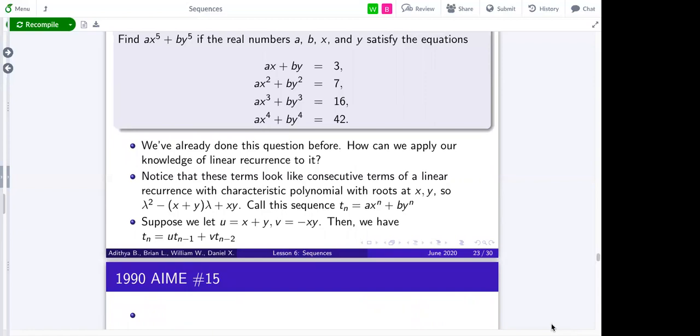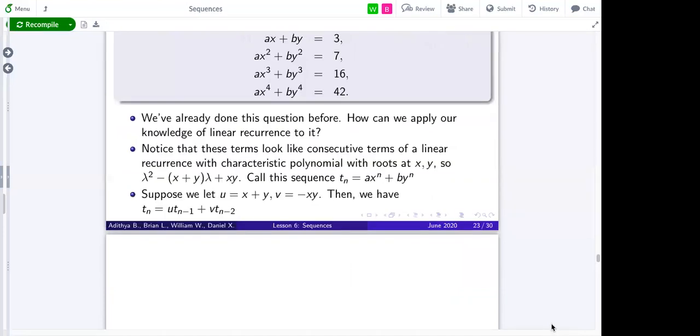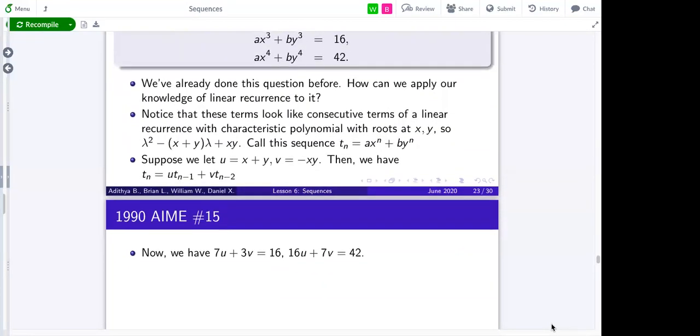So you just plug this recursion into the terms that you have, and you get those equations, basically expressing each t sub n in terms of the previous two. Now you have two equations and two unknowns, so this should just be a nice system that you can solve.